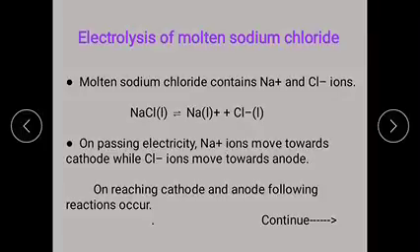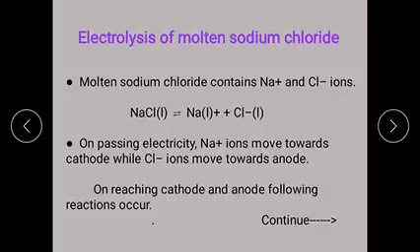Here, when passing the electricity, Na plus ions move towards the cathode side, because they are cations. Anions, the Cl minus ions, move towards the anode side.